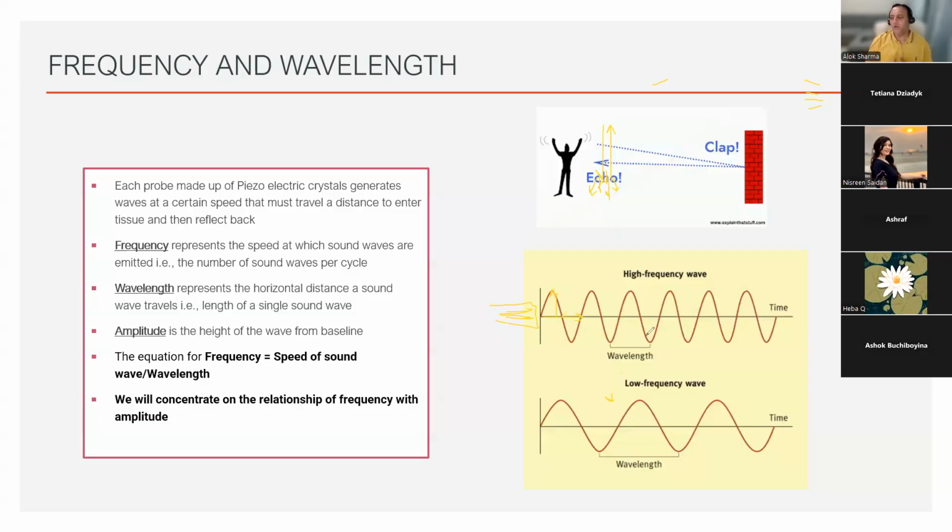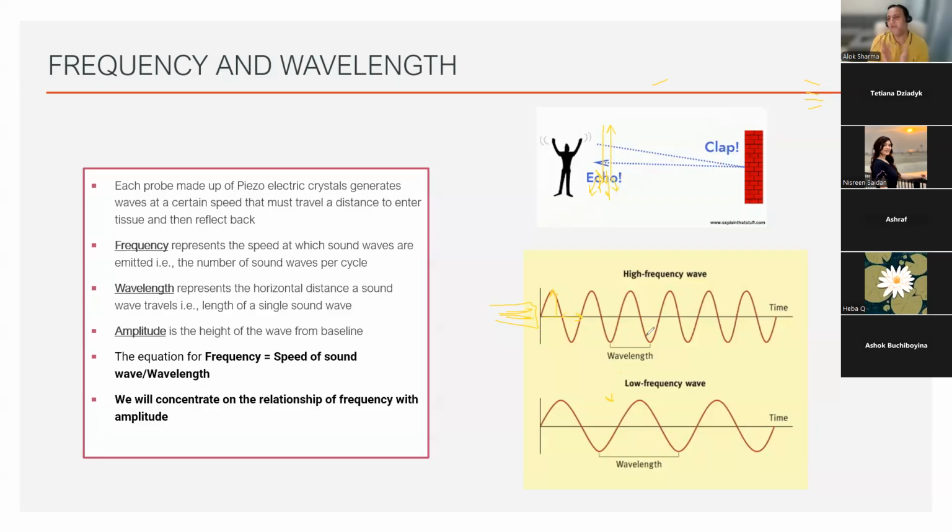Now, what we know is that if you generate sound waves, you can generate sound waves at a rapid rate. So can you see me clapping at this particular point? So the rate at which I'm clapping, if you all look at me, is basically the frequency. And the time between claps, one clap, second clap, this is basically the wavelength.